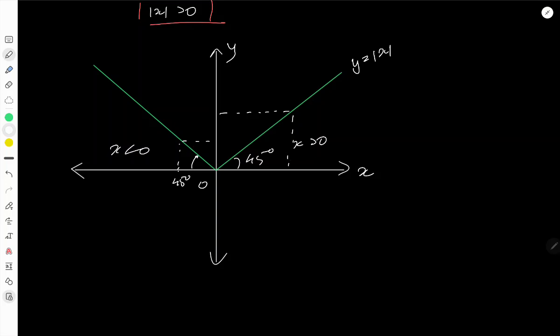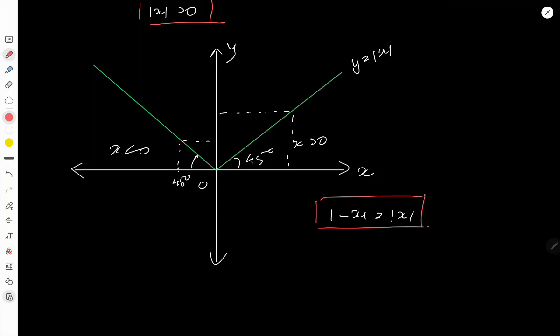We have defined this function like this. And another property that is obvious is mod of minus x is equal to mod of x. This is something that we don't need to mention, but still I'm mentioning.